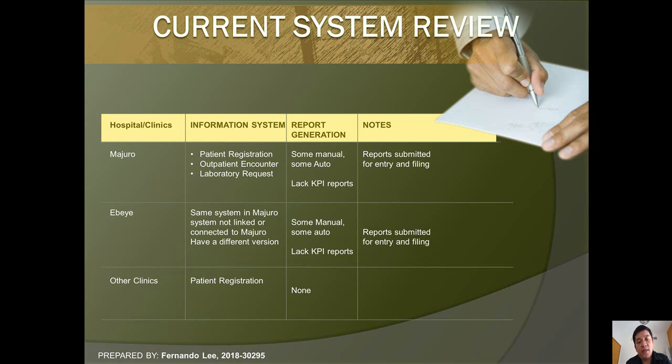Also in Ebeye, they have the same system as in Majuro, but they are not linked or connected. So if you are a patient in Majuro and then you go to Ebeye, you will register again. And of course the same problem, they have difficulty in getting the reports.